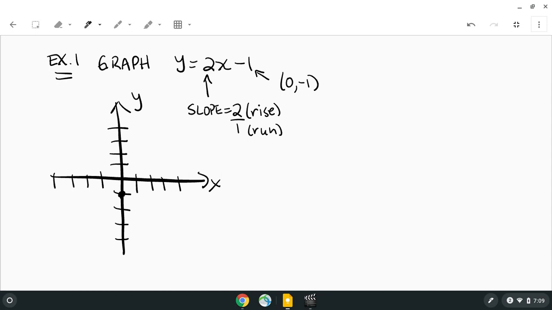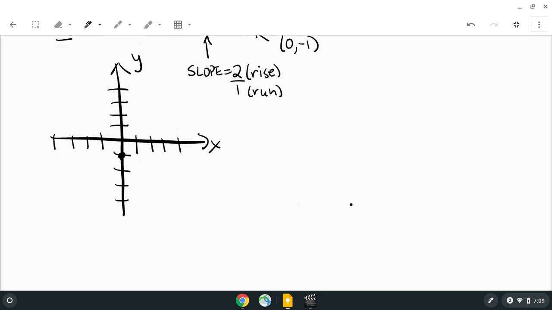So at this point, (0, -1), I'm going to rise 2. I start right here at the y-intercept, and I rise 2, 1, 2, and I run 1. I got that second point from rising 2 and running 1. And there's my graph.